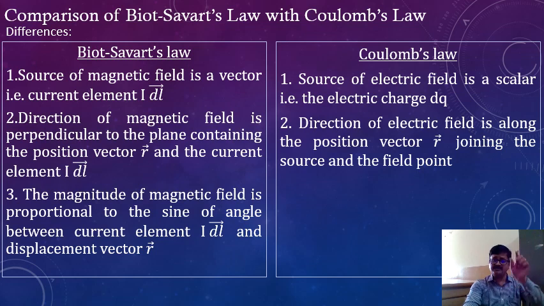That is why we have sine theta in Biot-Savart law: I dl sine theta divided by r square. Remember, that sine theta I am talking about is SINE, okay, it is not SIGN. I am talking about the sine of the angle. That angle is theta we have taken over there, so that we write it as sine theta.